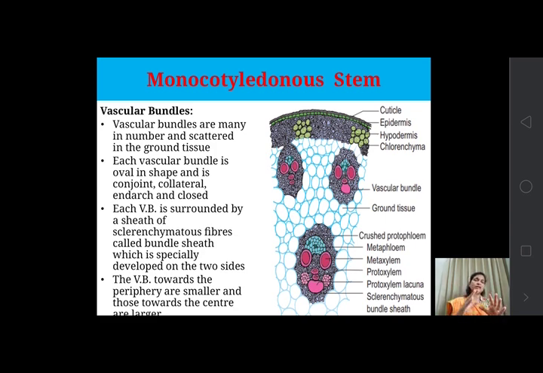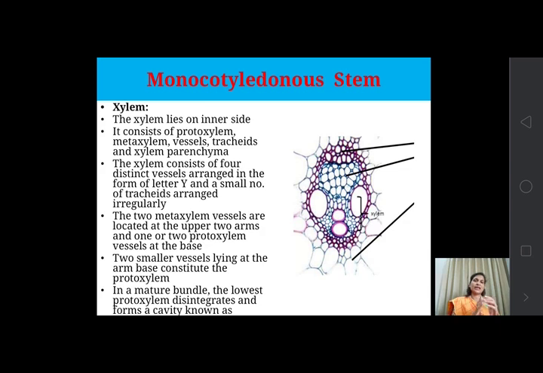Now, what types of cells are present in the vascular tissues, xylem and phloem, we will see in the next slide. First of all we look at the xylem. We focus only on xylem. This is a somewhat enlarged figure of the vascular bundle.